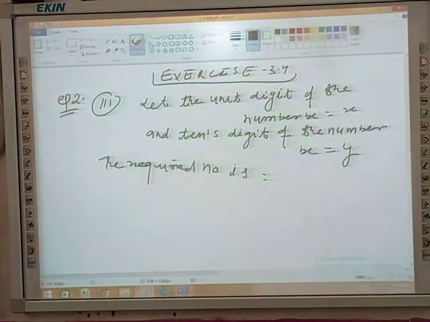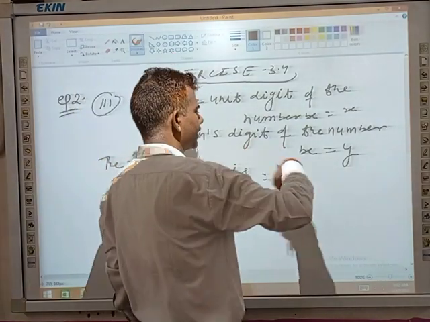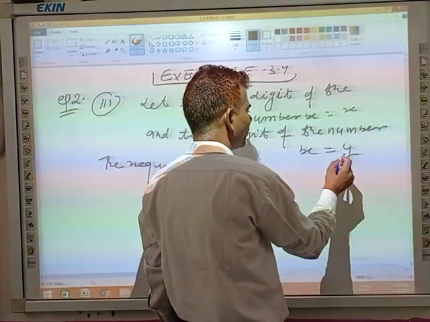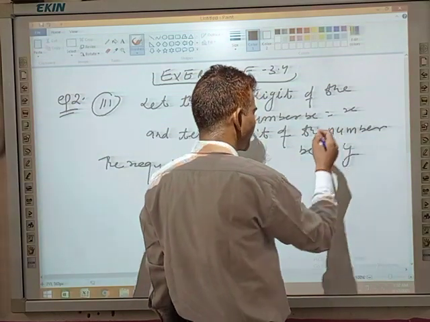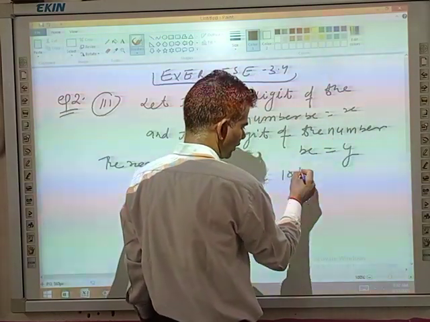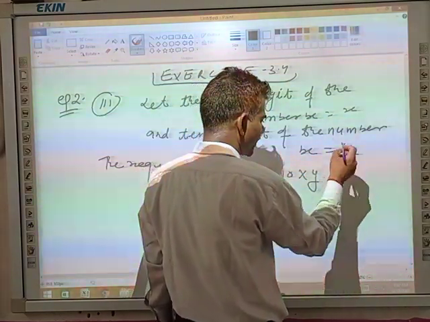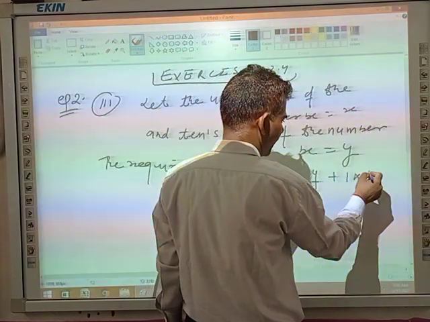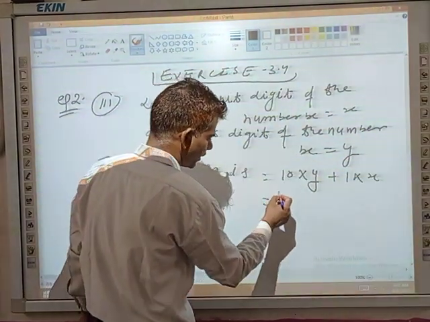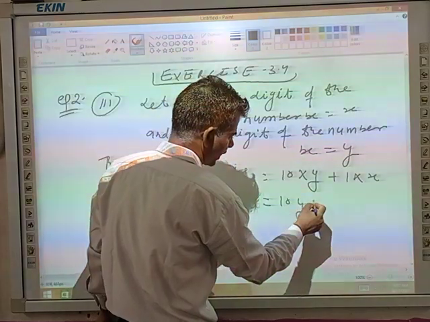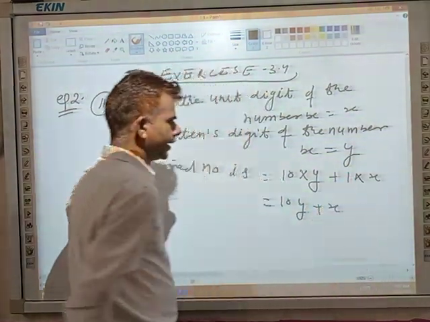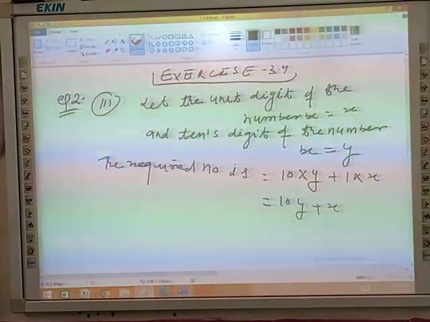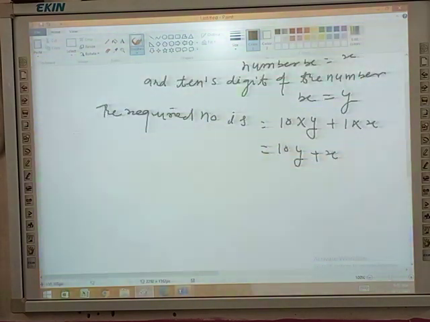The tens digit is y, so you multiply the tens digit by 10 and multiply the unit digit by 1 and add them. That is 10y plus x. Students, any doubt, any problems?